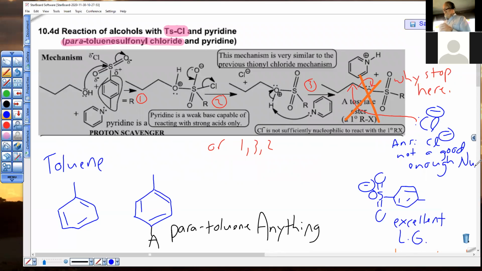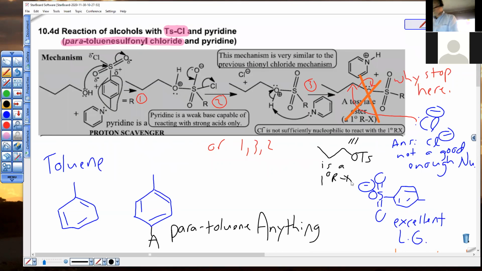So after break, we're going to bring this all together because these molecules, the one I sadly have a big X through, is actually a useful molecule. I'll copy it down here. There's its short form. It's a primary RX.